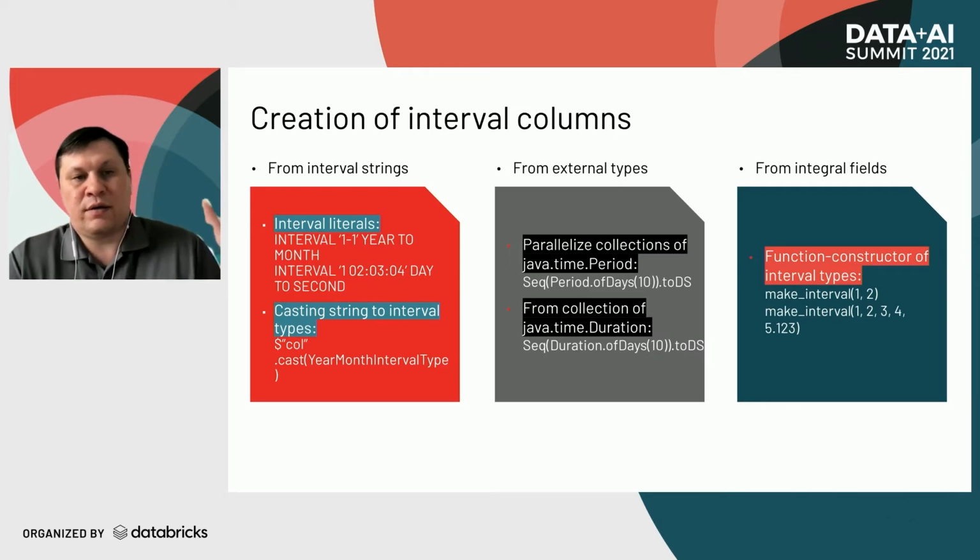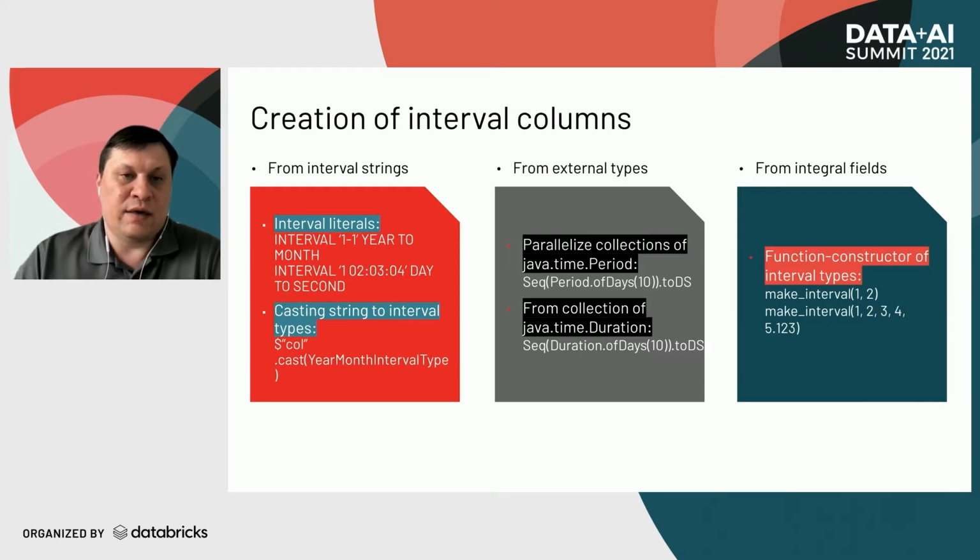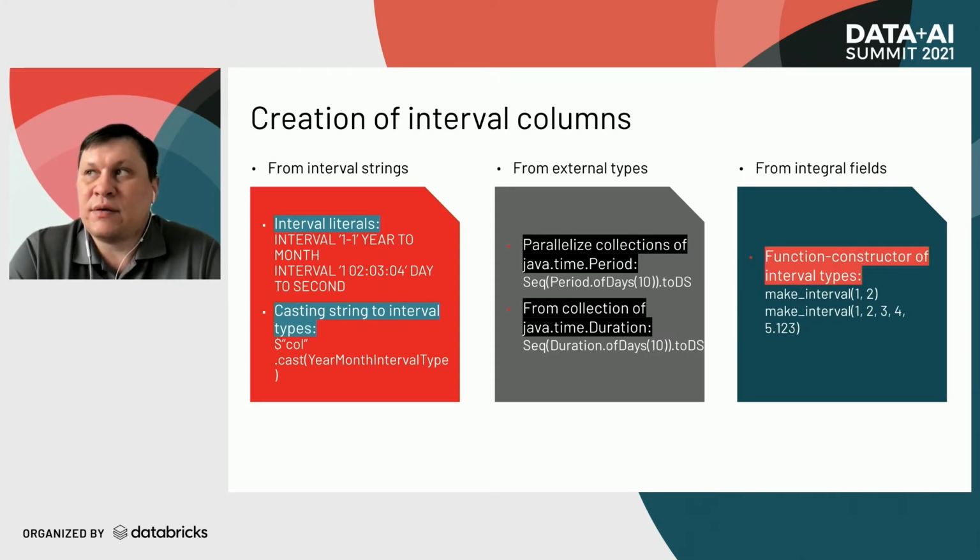You start from the interval keyword, and in a string in quotes define the value of the interval, with a suffix at the end for the interval specification, so it's year to month or day to second. The standard supports other units, but Spark currently supports only these.